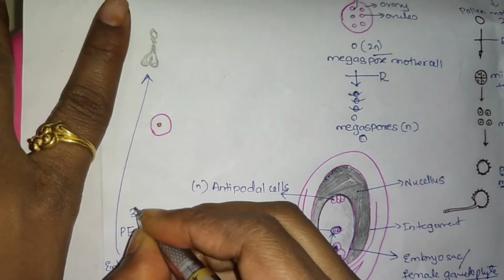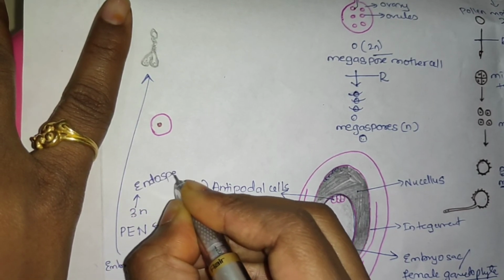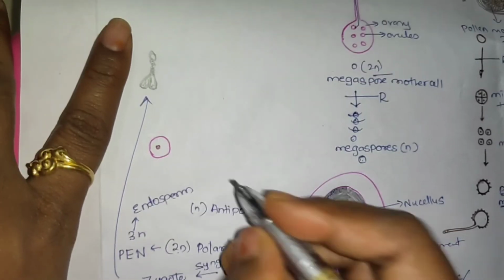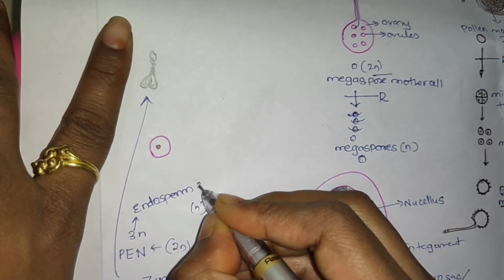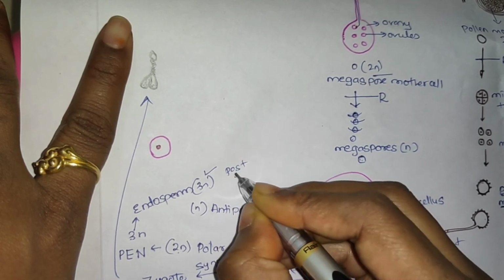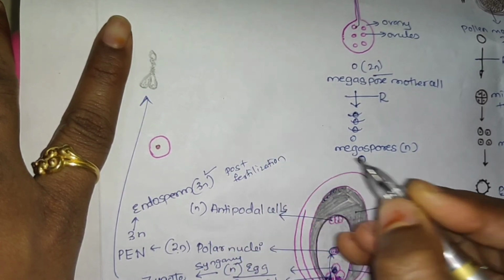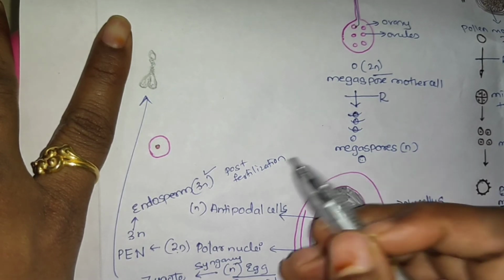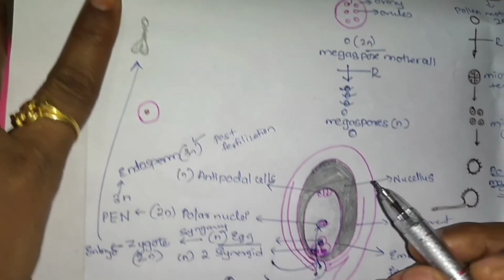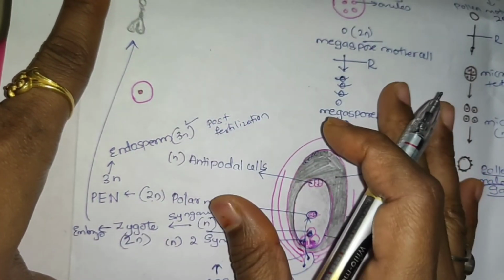Later this develops into endosperm. So students, always remember endosperm in case of angiosperm is a post-fertilization product. It is very important for NEET or CET aspirants. Post-fertilization means endosperm develops after fertilization in angiosperms.